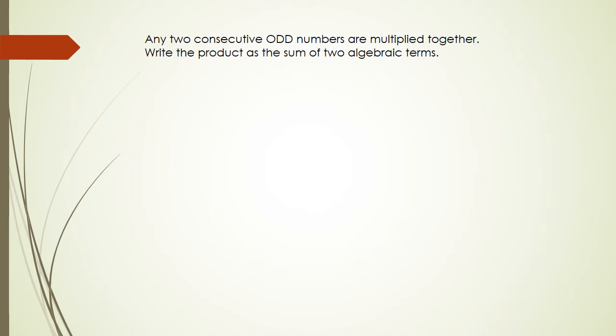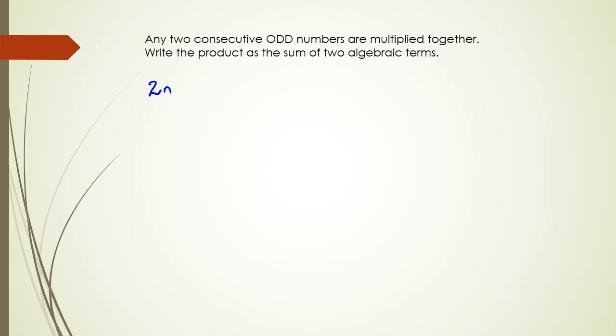This time I've changed it slightly. I'm going to say that any two consecutive odd numbers are multiplied together. Write the product as the sum of two algebraic terms. Now, I don't know if you know about this, but generally an even number can be written in the form of 2n, because an even number is always a multiple of 2.